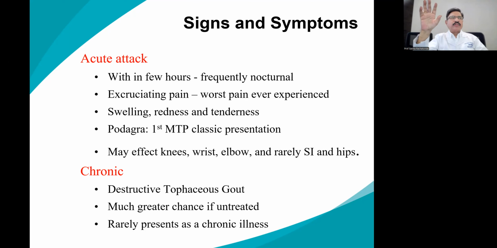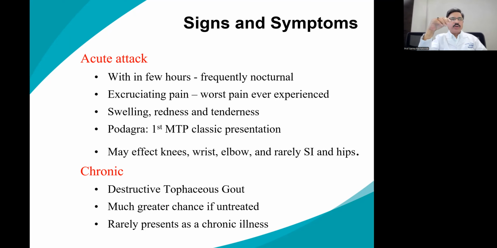Within a few hours, the morning is all right, the patient goes to office, and by 1 o'clock there is excruciating pain. Probably this is the worst pain that anybody can express. The worst pain that can be experienced is uric acid podagra pain. Podagra is the swelling of the ball of the great toe with involvement of the first metatarsophalangeal or MTP joint. Swelling, redness and tenderness.